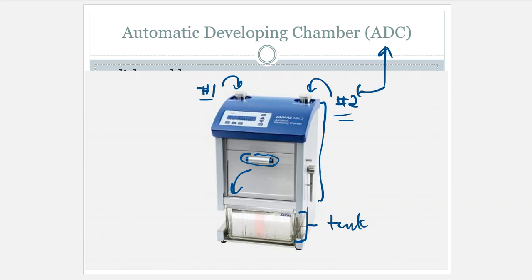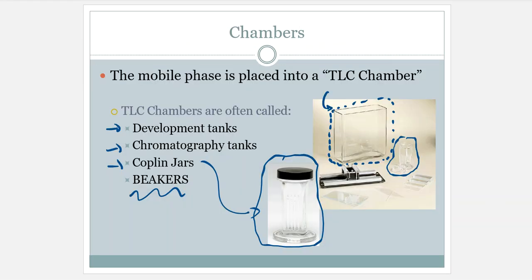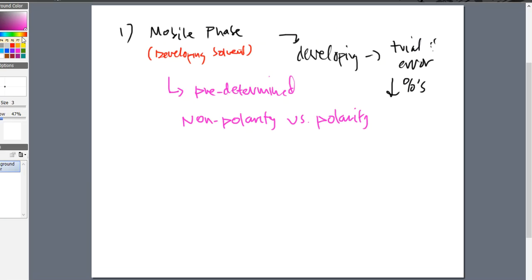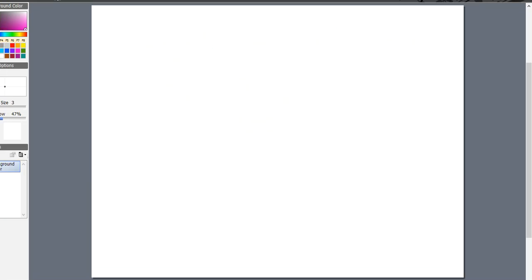All right. So if I was doing this by hand, there are certain things that we want to remember as far as how the proper tank is going to be made. If I look down the side of the developing tank, what I'll see is a little hump in the middle.